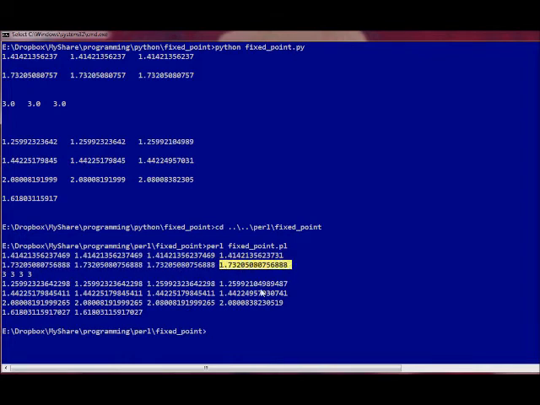Then the last two values are the golden ratio approximations. As with the square root of 3, the cubic root of 2, then the next line is the cubic root of 3, and then the cubic root of 9, and two approximations of the golden ratio.